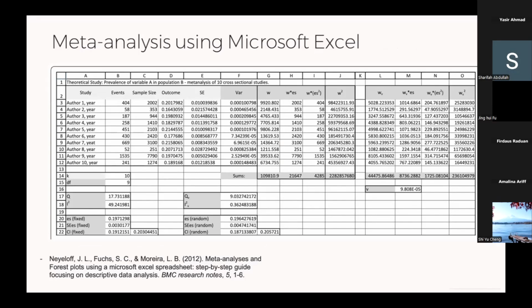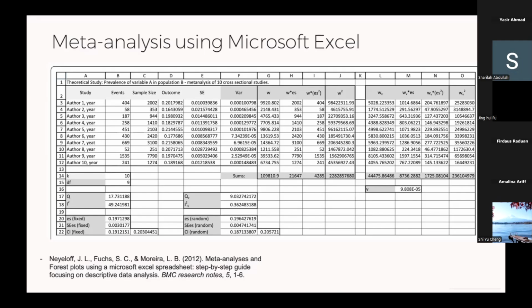For this case, no add-in is required, but there is a paper by Neill et al., Meta-analysis and forest plot using Microsoft Excel spreadsheet. In the paper they even provide the template to put in our data: what type of study, how many events, and the sample size. Then it generates the heterogeneity and the findings automatically.